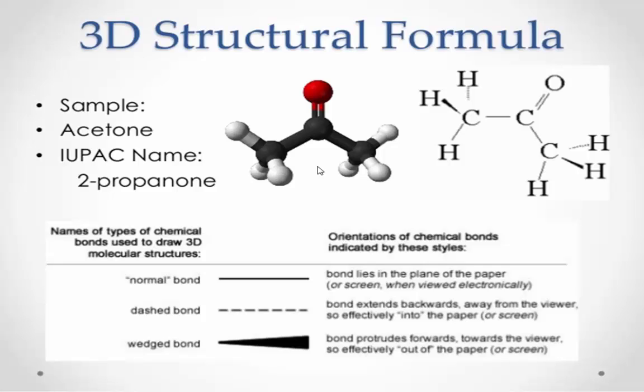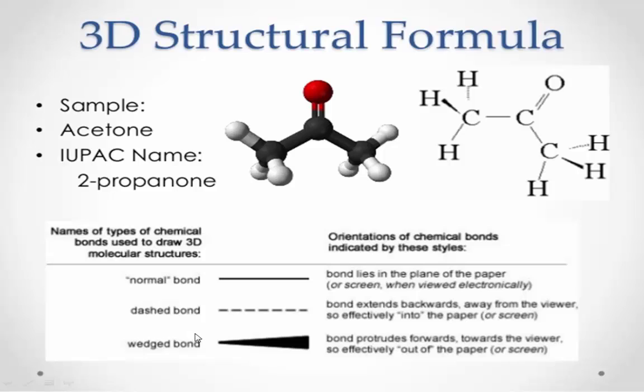Among these 3 types of bonds, in the structure, the normal bonds indicate they are present on the paper or lying on the plane of the paper. And solid wedge, it indicates it is present above the plane and towards the observer.